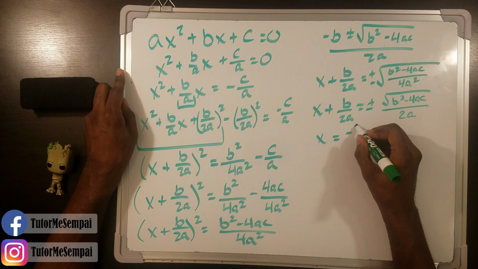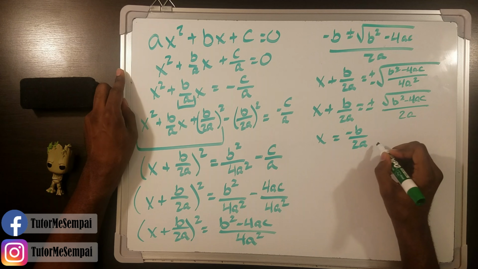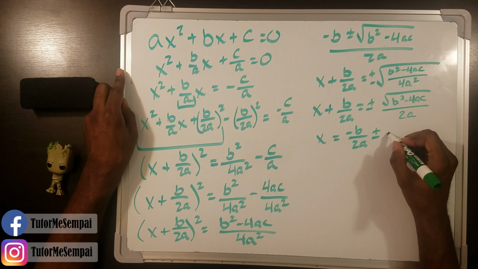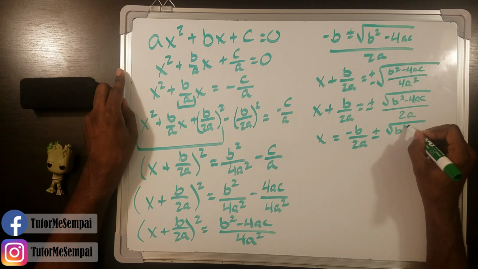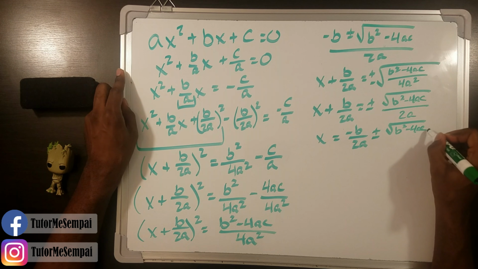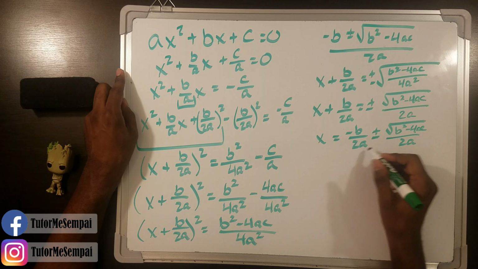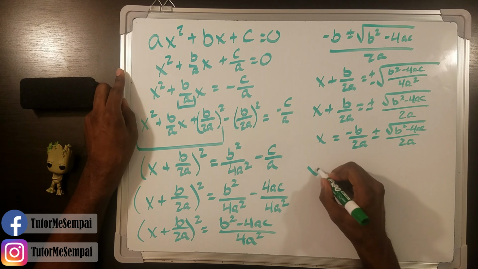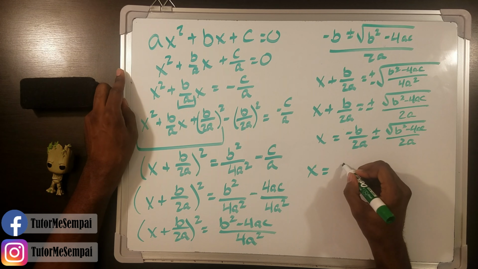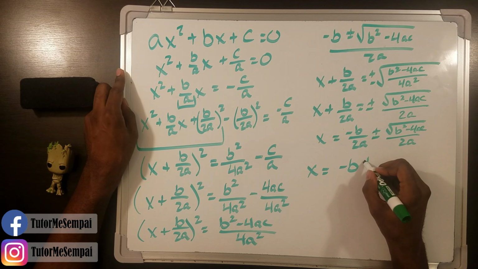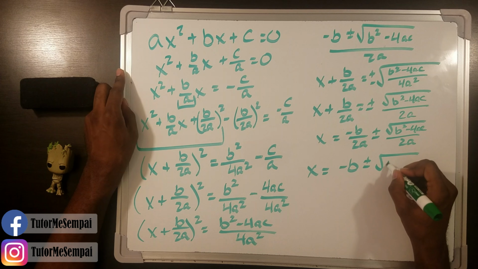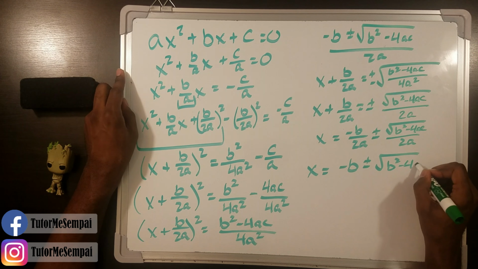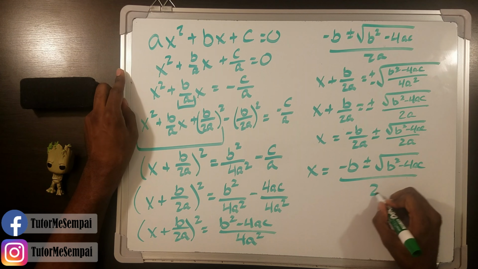So that becomes a negative b over 2a plus or minus the square root of b squared minus 4ac all over 2a. And they have the same denominator, so we can just combine this to just be x equals negative b plus or minus the square root of b squared minus 4ac all over 2a.